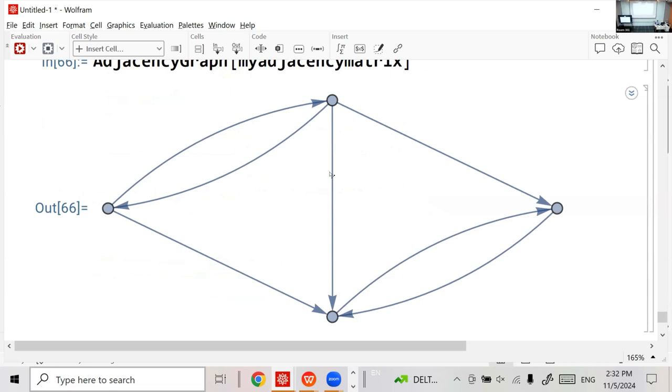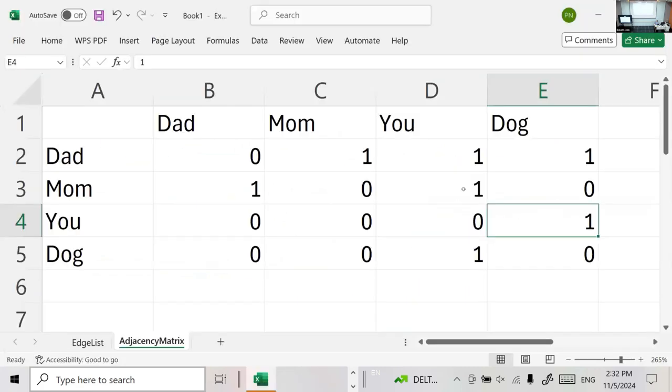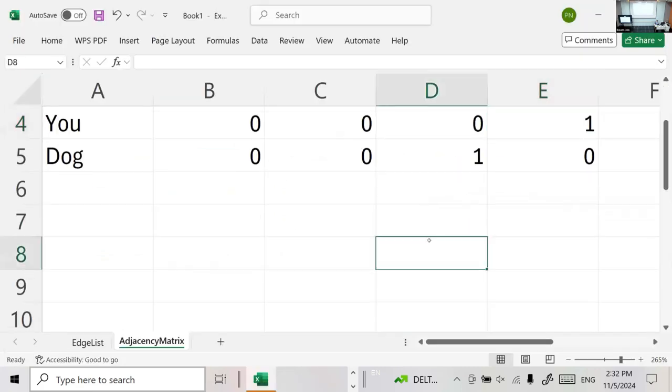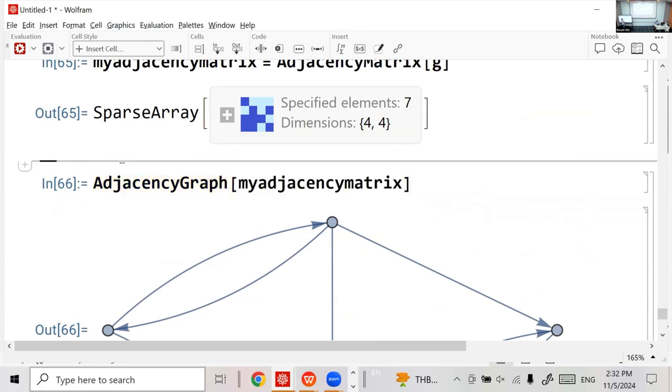Okay, now we go to the screen. Okay. Can you guys see this? Okay. So this is the matrix turned into the graph.